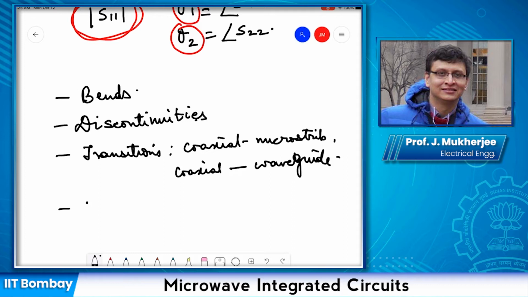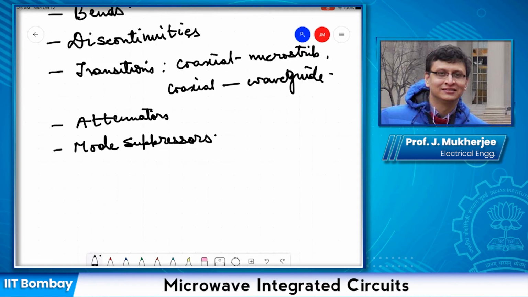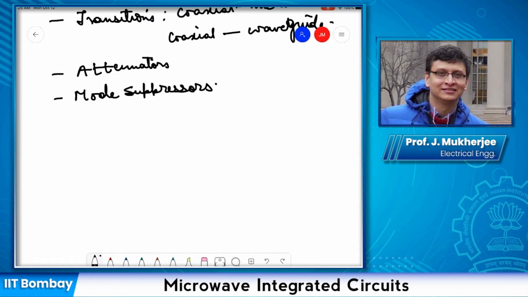Then we have attenuators and mode suppressors. Okay, so let us take up each of these one by one.